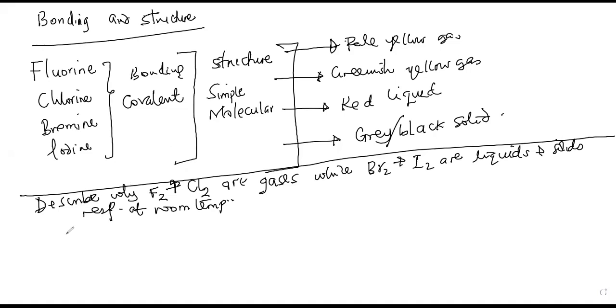Now, you realize that from fluorine to iodine, the atomic radius, of course, increases since it is down the group of the periodic table, group 7.